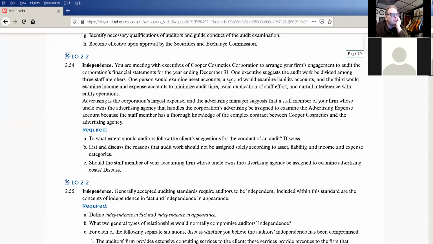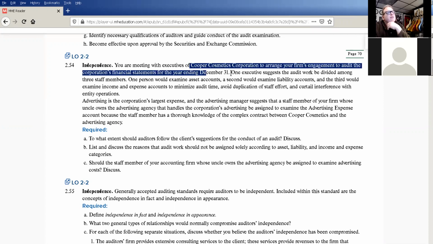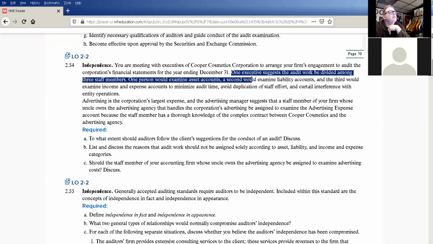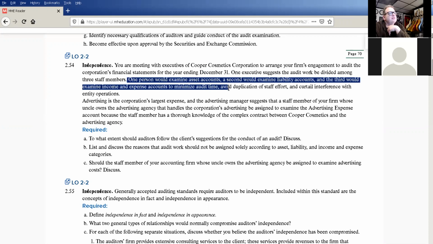Okay, so we're going to do an audit. You go to the client, and one of the executives says the audit work should be divided among 3 staff members. One person should do the assets, another one do the liabilities, and the third one do the income statement stuff, the income and expense accounts.